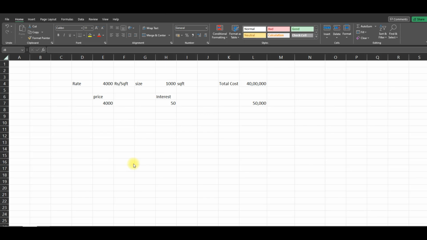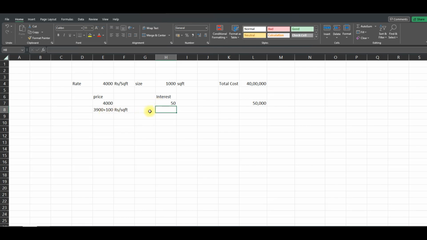This 4000 can be written as 3900 plus 100 rupees per square feet. So for 4000 rupees you paid 50 rupees interest to the seller.